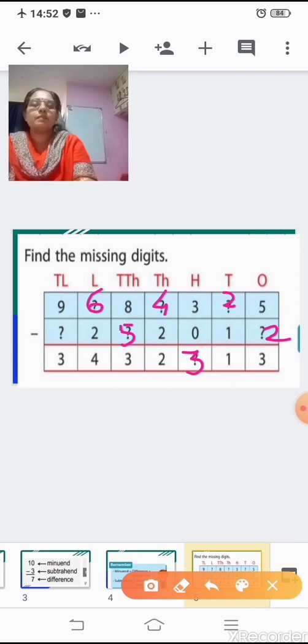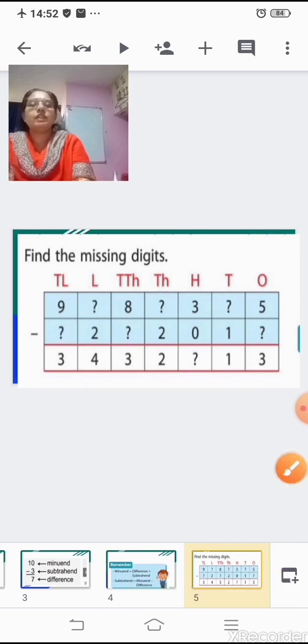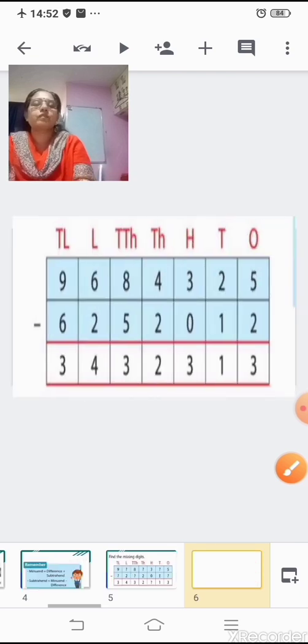Subtrahend is minuend minus the difference, that is 9 minus 3, that is 6. Now after this you can check your answer by subtracting, to see whether you are getting the difference. We will just check the answer. Okay, so this is your answer.